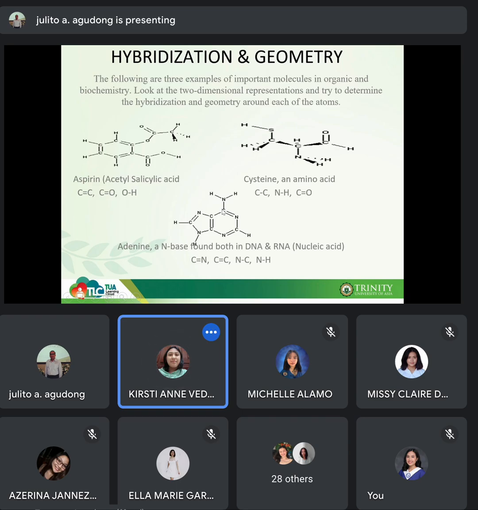Tetrahedral po? Single bond yan. Nitrogen single bond carbon. What did you say earlier? Trigonal pyramidal. Okay? Nitrogen is only single-bonded here, and it has a lone pair. What about here? Nitrogen double bond carbon.